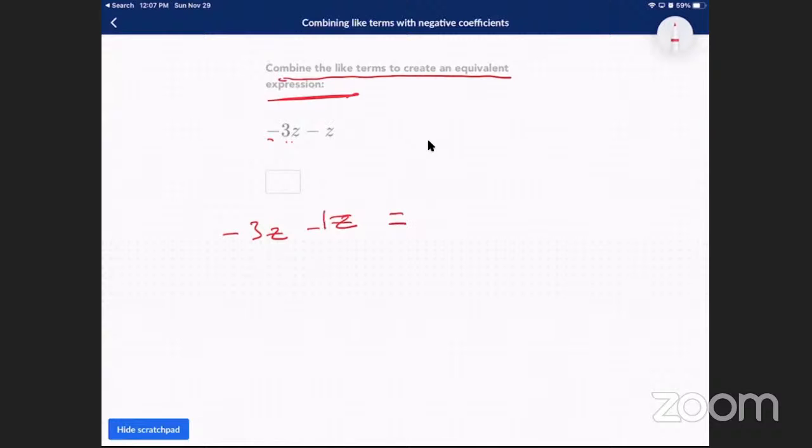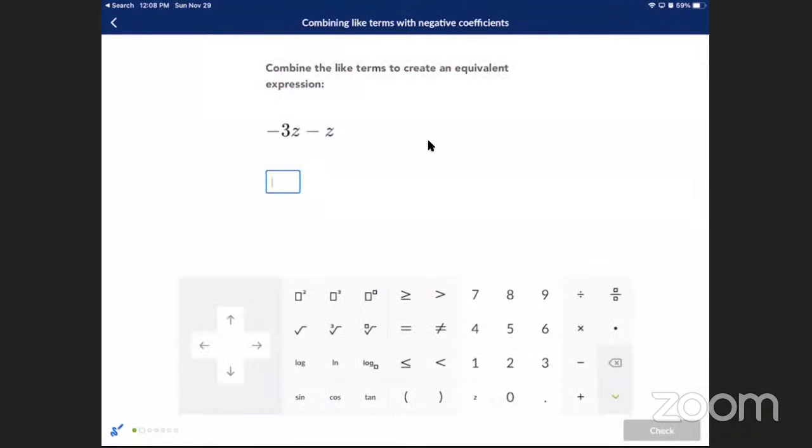Looking at it without the z variable, negative 3 minus 1 is negative 4. And then we can put the z back, and we get negative 4z.